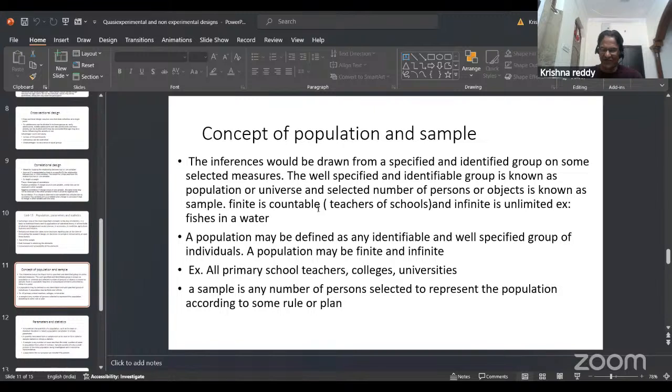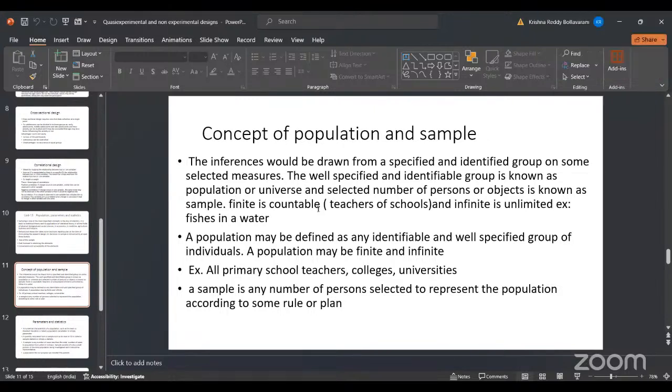All the students of MSc Psychology during this period, 2023 to 2025, who are pursuing the course, that is known as population or universe. If you want to take up a study on those students, from that population you have to pick up a part of that. That part is known as sample. Am I right, sir?